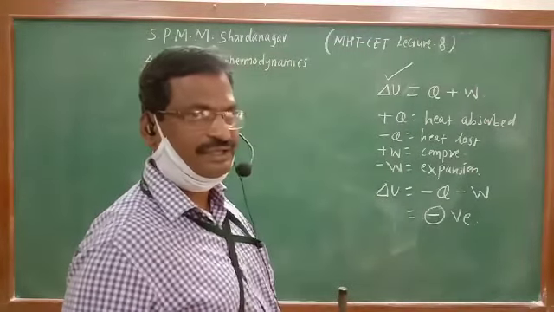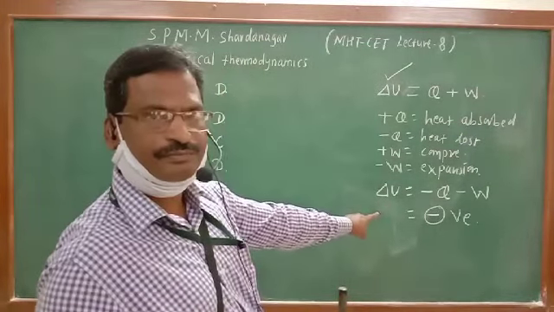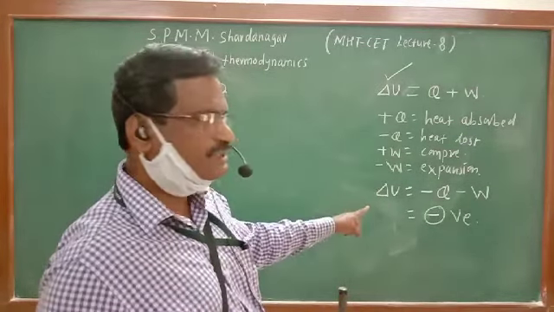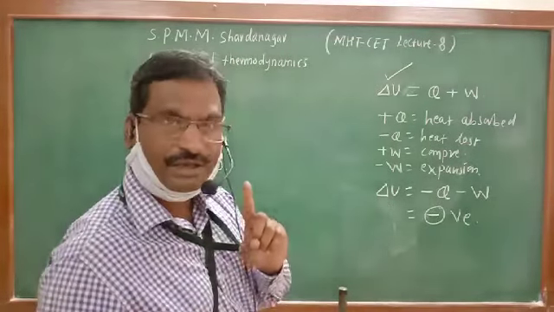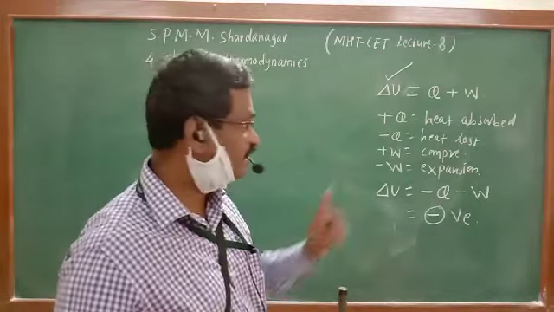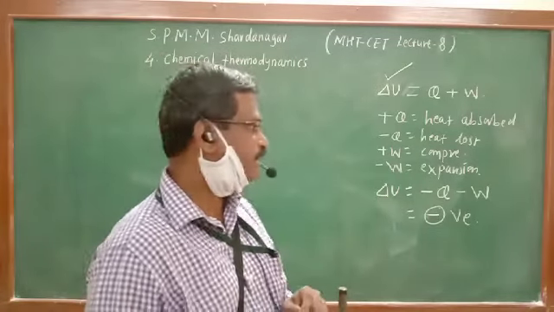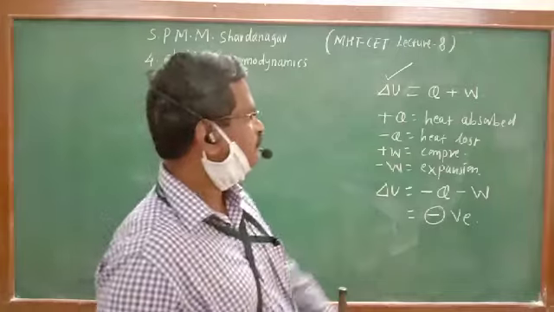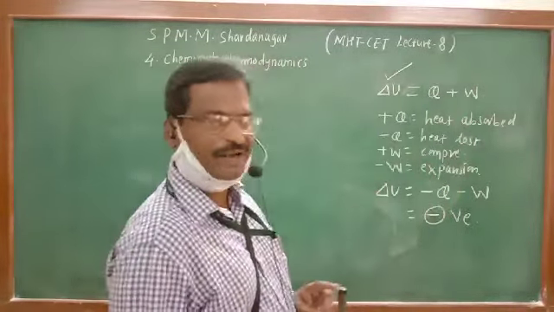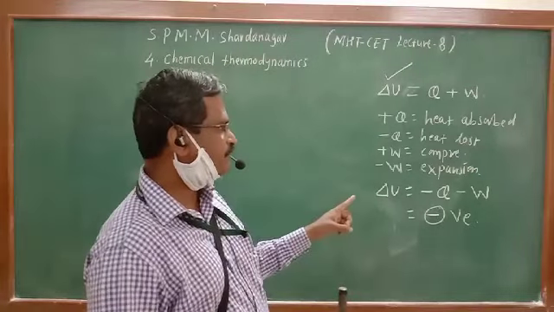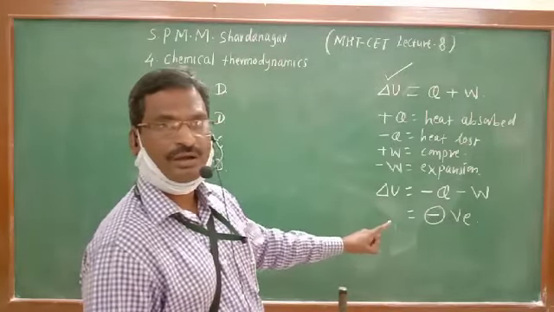You got it? Change in internal energy will be negative because Q is negative, W is also negative, and therefore their summation is negative. There is not multiplication. There is the summation between Q and W. Therefore, the summation of Q and W comes to be negative.